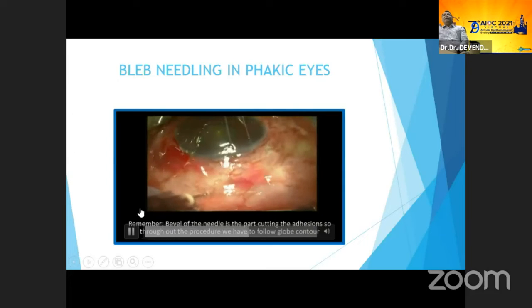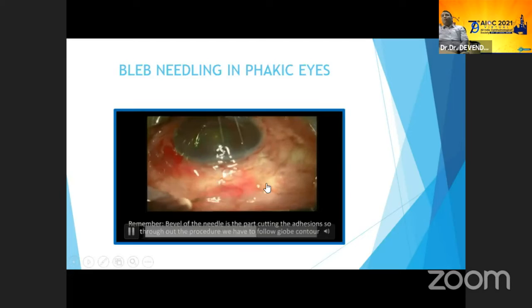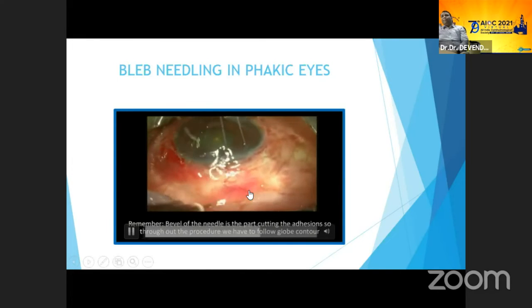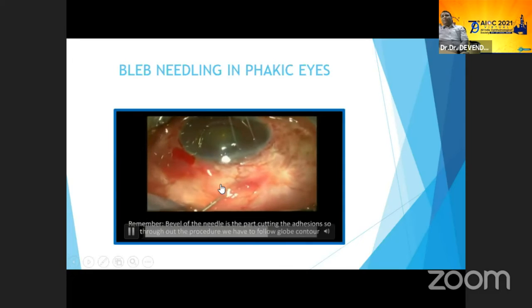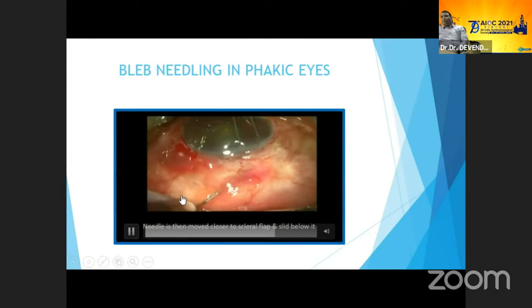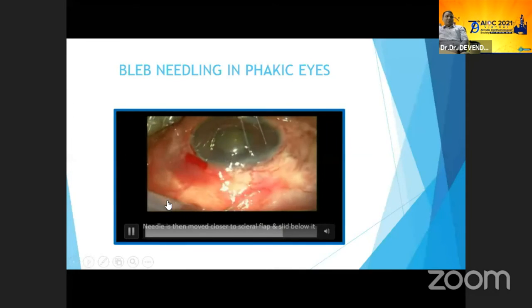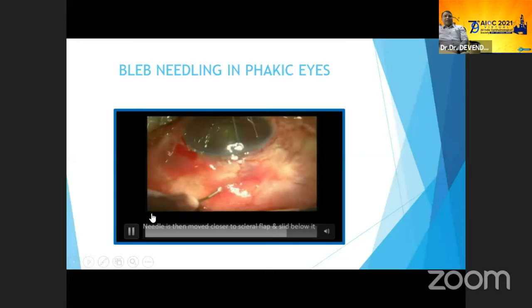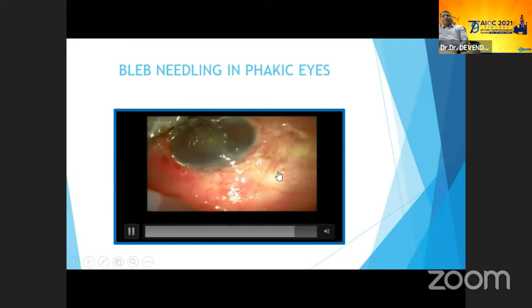Here is my scleral flap. You can see here the white colored thick wall of the bleb. After this, I am not able to get my scleral flap. So after cutting a few strokes, I move to the other side.